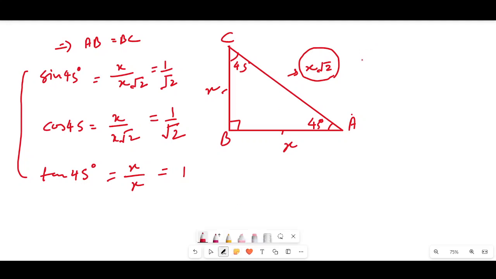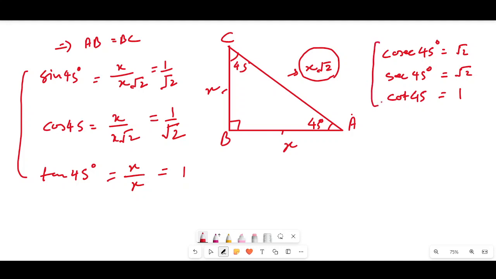If we reverse, then cosec 45 is root 2, sec 45 is root 2, and cot 45 is 1. This is the other remaining ratio.